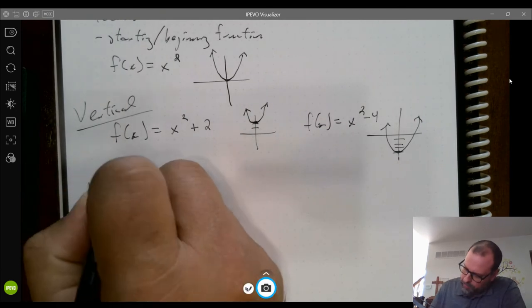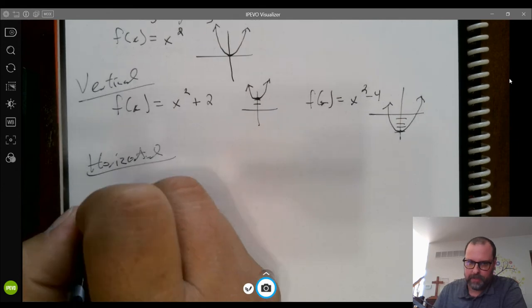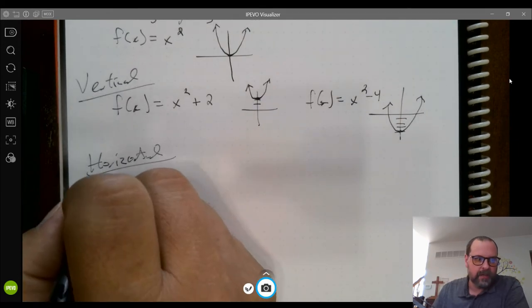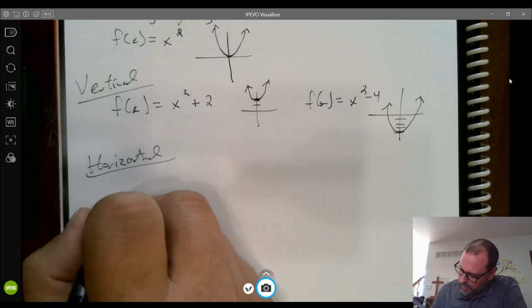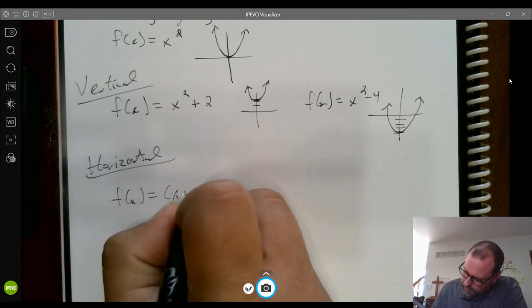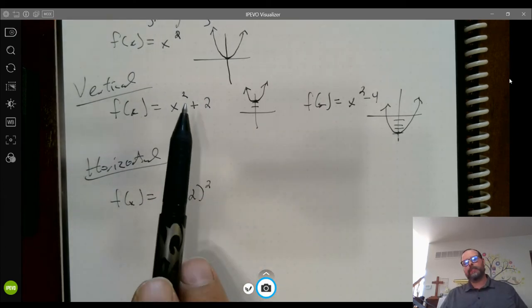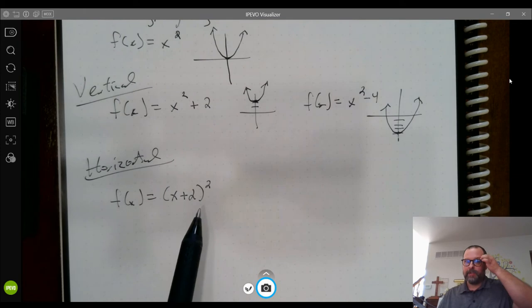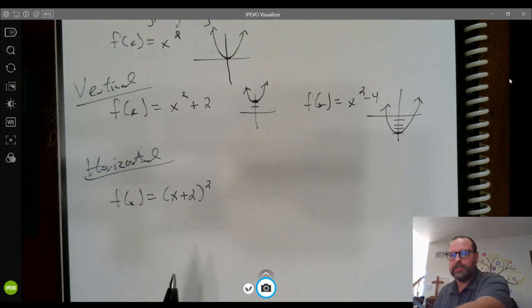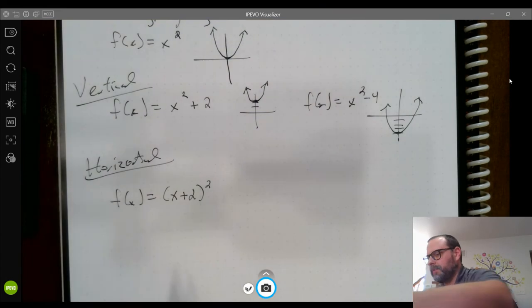Well, what about when we have a horizontal shift or transformation or translation? If I were to look at that, it's going to look slightly different. I want both of these on the screen where you can see one is x squared plus 2, the other is x plus 2, all of it squared. A gust of wind, don't want to see anything blow away here.